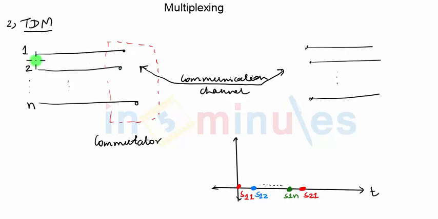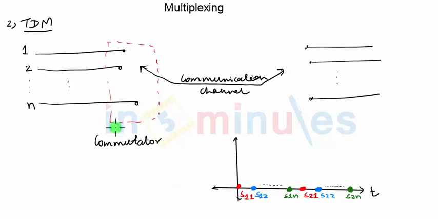The switch will then move to the second input line, and from the second input line it will again read one sample, and this sample will now be called S22, because it's the second sample of the second signal. And likewise it will go through all the signals in between, and when it reaches the last signal, it will again read one sample from the last signal, and this time this sample will be called S2n, because it's the second sample of the nth signal.